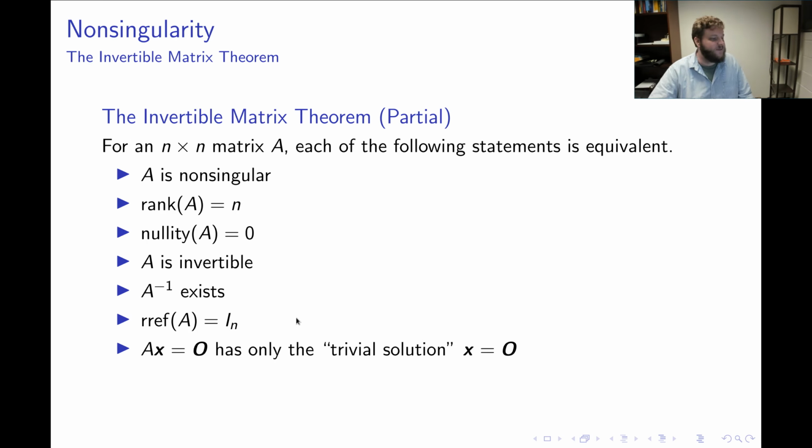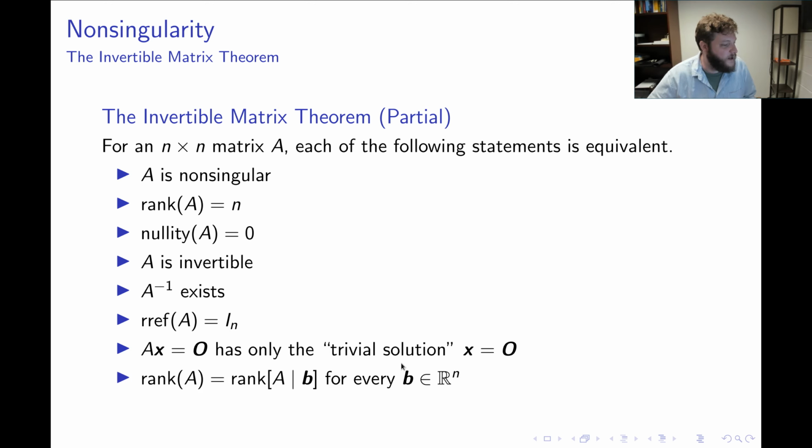And if the inverse exists, that means that if I'm studying the system AX equals 0, I can solve for X as A inverse times the 0 vector, and that tells me X must equal 0. We call this the trivial solution to AX equals 0.